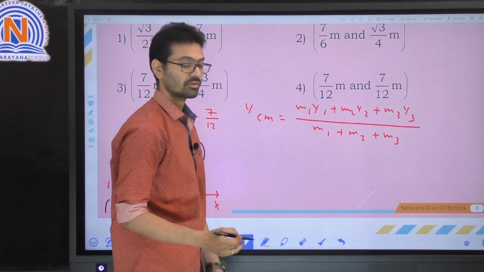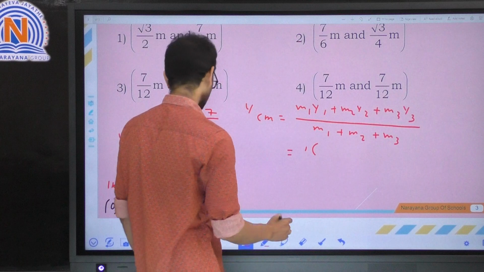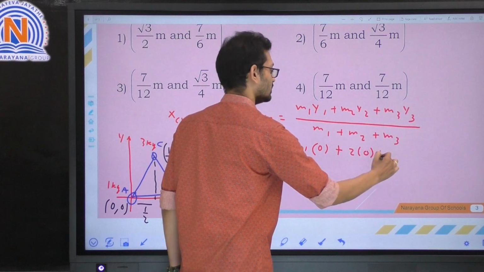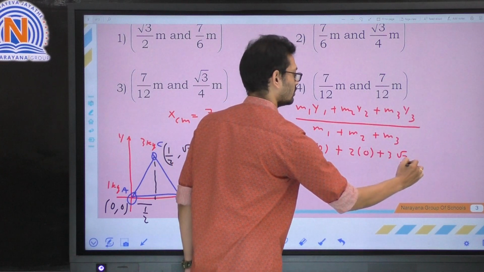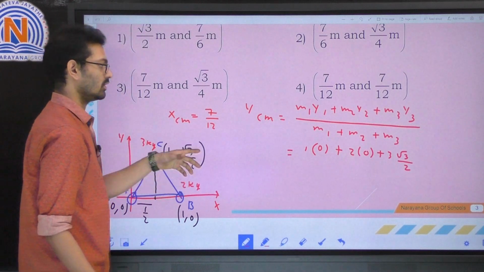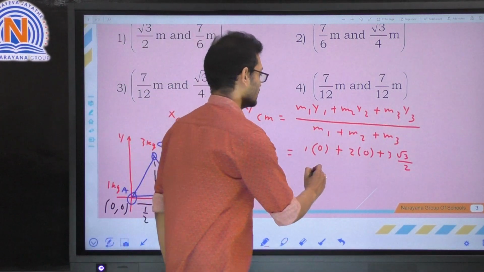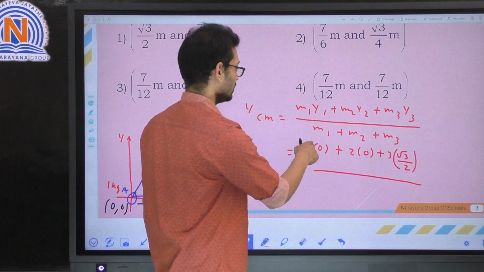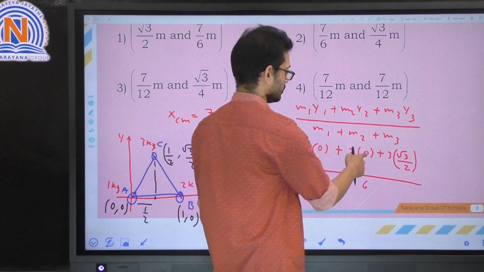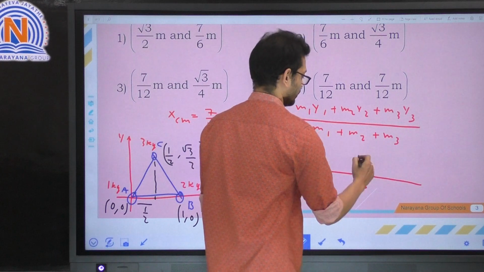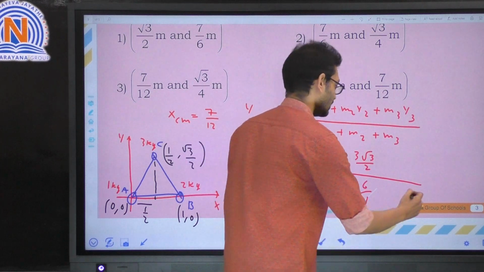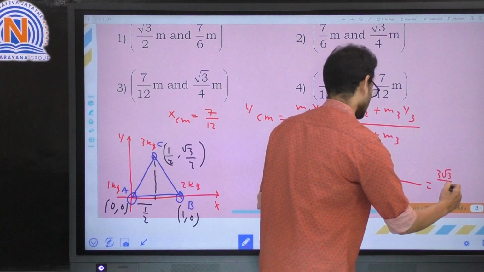To find y center of mass, m1 is 1 and y1 is 0, plus m2 is 2 and y2 is also 0, and m3 is 3 and y3 is root 3 by 2, all over 6. You are left with 3 root 3 by 2, and dividing by 6 gives 3 root 3 by 12.